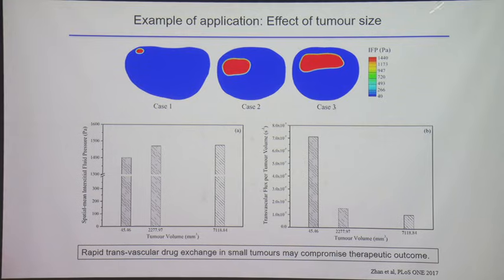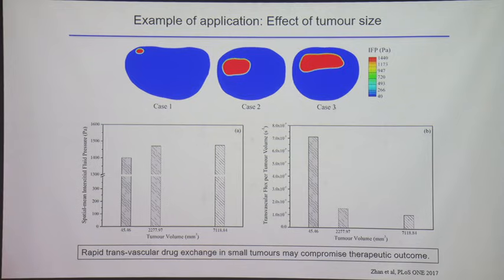So if it's bigger, then it's red throughout. But then there's a very sharp pressure gradient near the edges of the tumor, and the rest of the blue is normal tissue. So there's a big contrast in interstitial fluid pressure between the tumor and normal tissue.